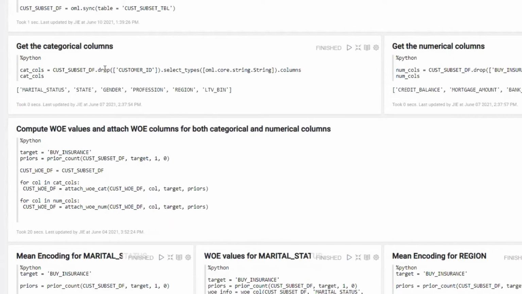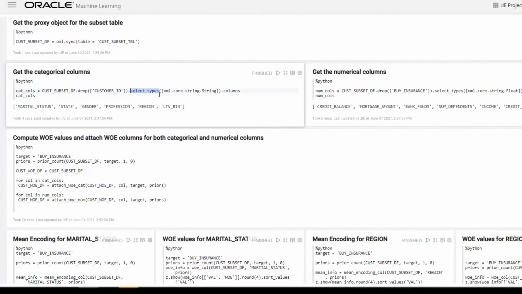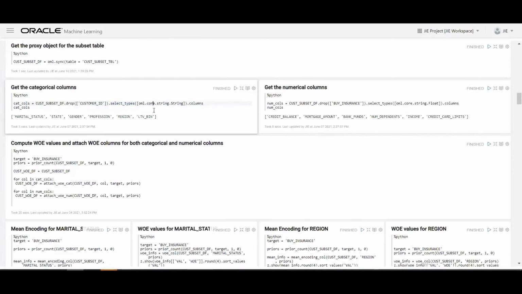One thing I want to highlight is that since we are talking about categorical encoding, you probably need to figure out which columns are categorical and which are numerical. OML4Py makes this easy. You can use this function called select types, because all the categoricals should be encoded as strings.